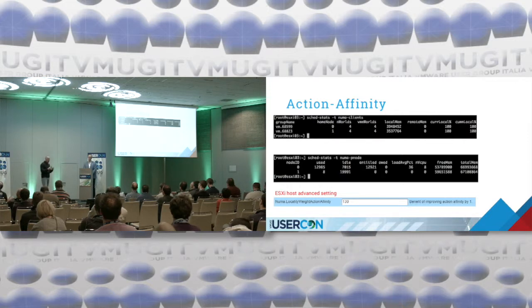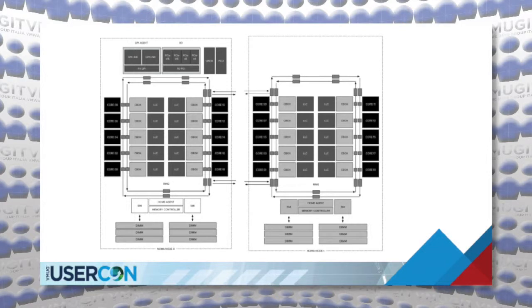Now, because they share memory, they have to go through all these cache layers. So the light gray ones are the cache slices within the system. So what we want to do is we want to make sure that all these cache slices are close to the workload, or actually the workloads are close to the slices as well.